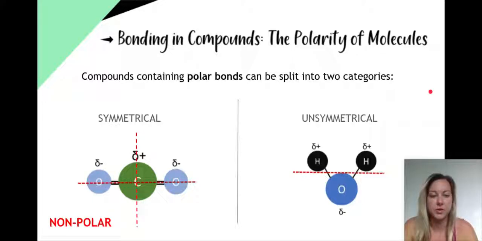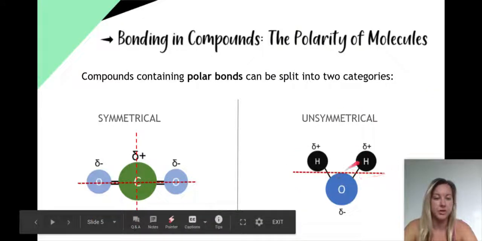So unsymmetrical molecules have a clear positive side and a clear negative side. It's not like we have positives and negatives on both sides. There is a clear positive end of the molecule and negative end of the molecule. And this can be seen in our example of water here, which has the positive up here. So this whole part of the molecule is positively charged, and the negatively charged part of the molecule is down the bottom.